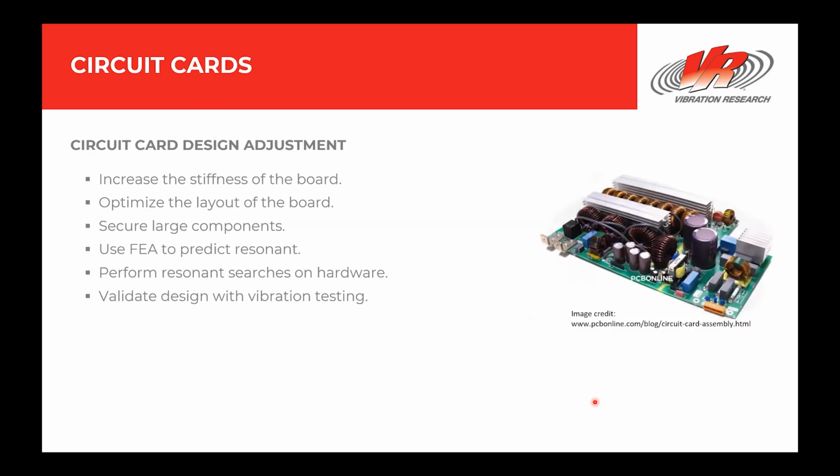One area that gets a lot of attention for ensuring robust design against resonant frequencies are large circuit card assemblies that are used for inverters and other power electronics found in battery electric vehicles, as well as marine and aircraft applications.